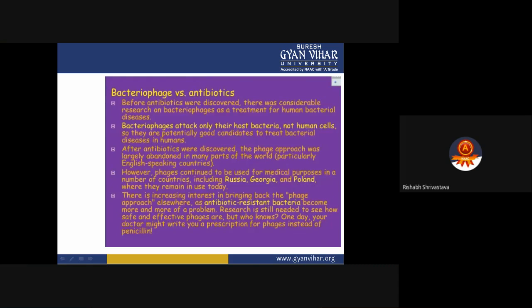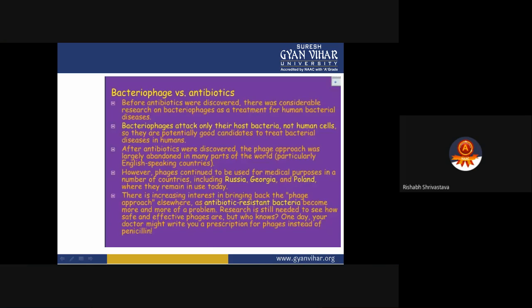Bacteriophages versus antibiotics. Before antibiotics were discovered, there was considerable research on bacteriophages as a treatment for human bacterial diseases. Bacteriophages attack only their host bacteria and not human cells, so they are potentially good candidates to treat bacterial diseases in humans.